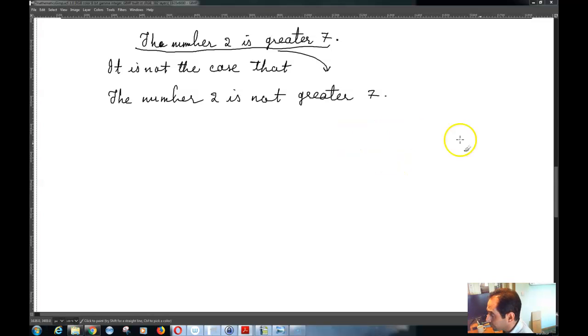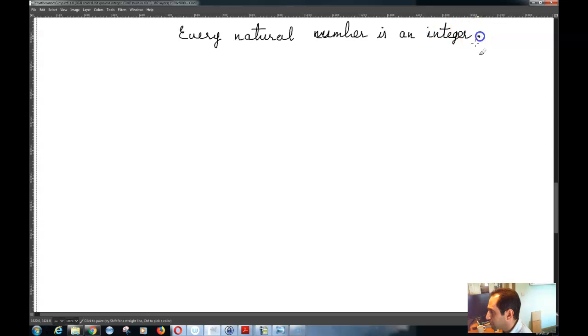And number 5 says that every natural number is an integer. So when you say every natural number is an integer, that means there is no natural number that is not an integer.